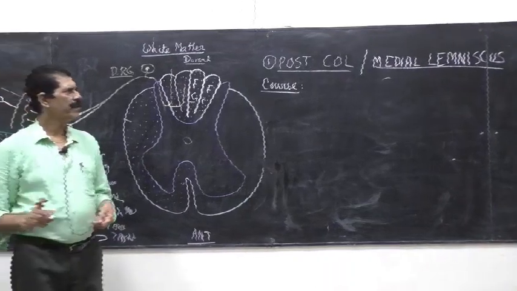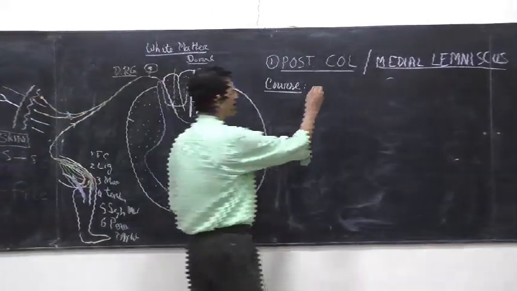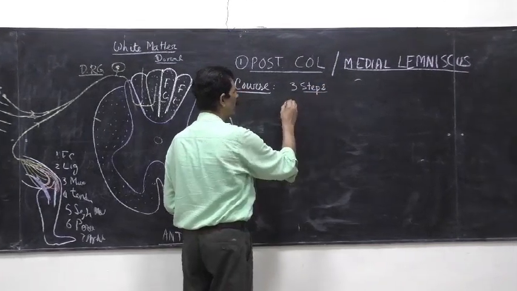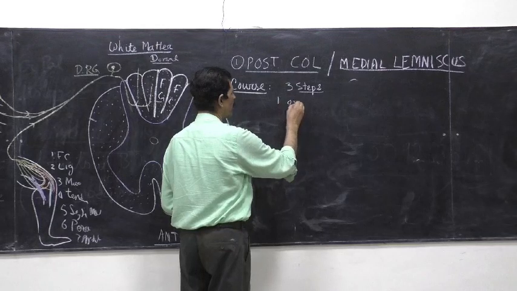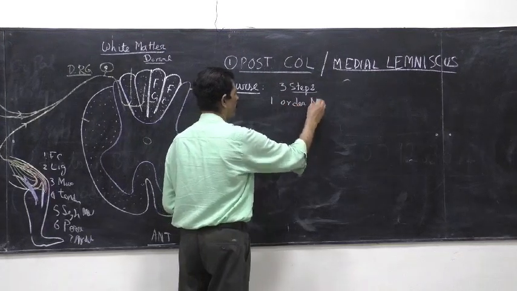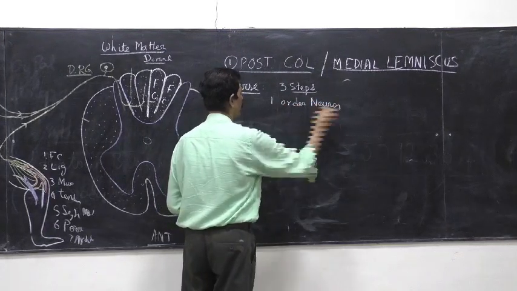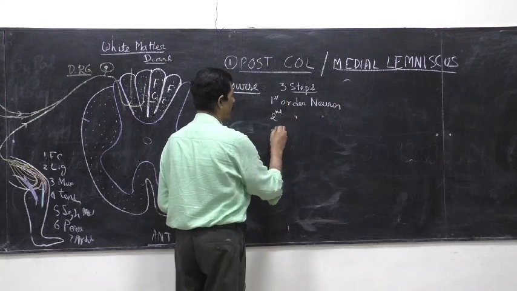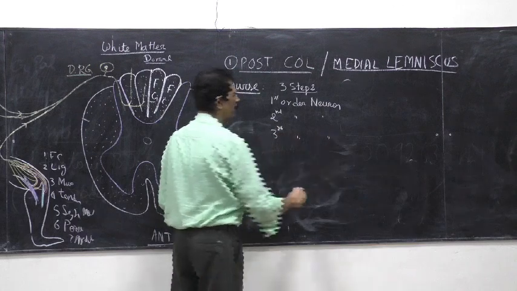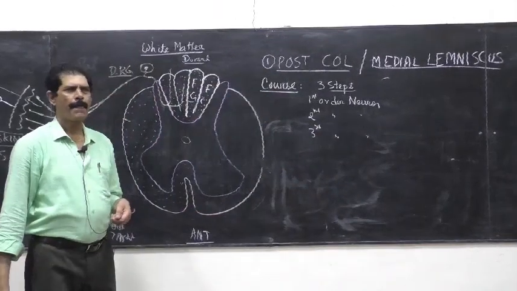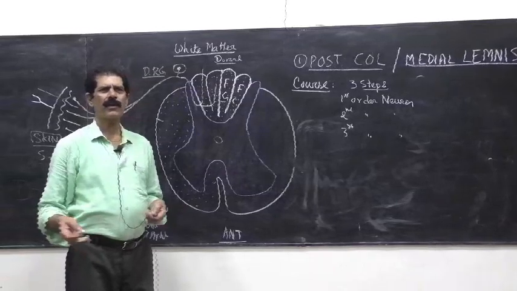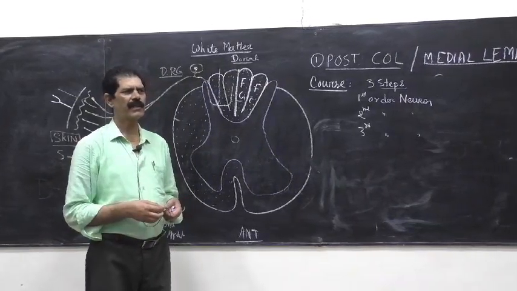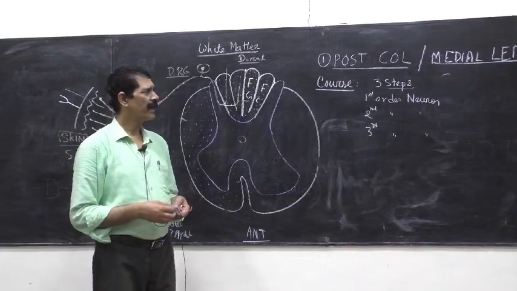They do not go directly, but they have to go through three steps and three types of neuron: first order neuron, second order neuron, and third order neurons. So they are divided, and they collectively carry the sensation up to the brain. So we will take one by one.